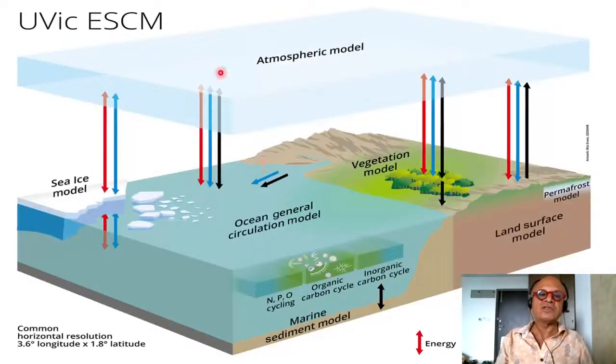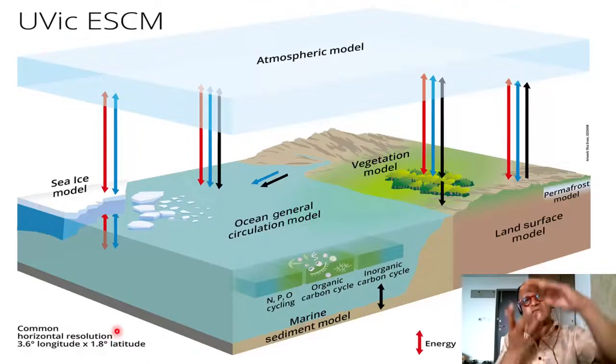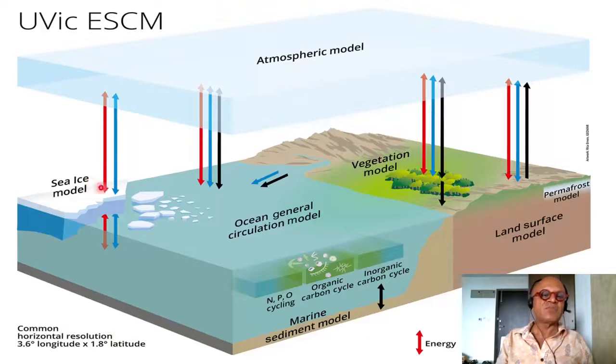In that context, this model is being used that we have talked about before. The University of Victoria Earth System Climate Model has very coarse resolution, 3.6 degrees longitude and 1.8 degrees latitude, with some vertical resolution in the atmosphere and the ocean. It has various processes like sea ice but not land ice, a permafrost model, and a land surface model which does hydrology and vegetation, so it has a vegetation model, and it has fluxes of energy, water, and carbon.